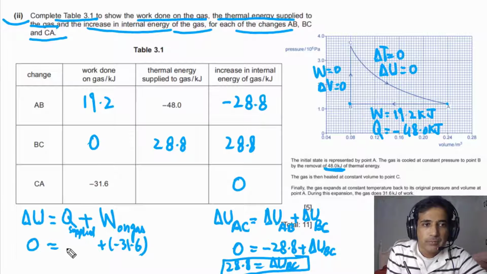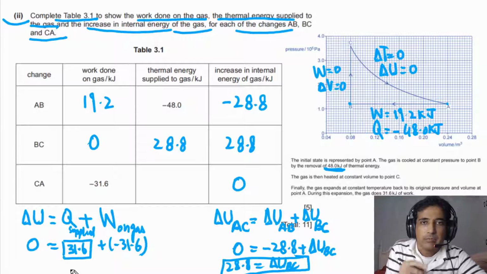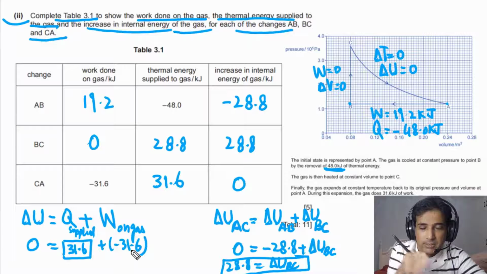So the Q supplied in this case has to be equal to 31.6. Because change in internal energy is equal to 0, the heat supplied has to be equal to minus work done on gas, so simply we can say this is equal to 31.6. Work done on gas is negative, so heat has to be supplied. And if heat is added to the system, that is taken as positive. Otherwise, simply you can see from this equation.